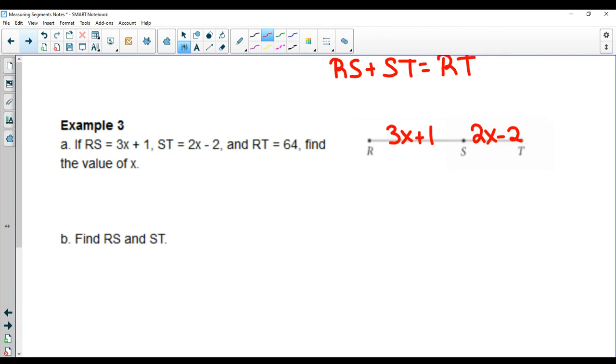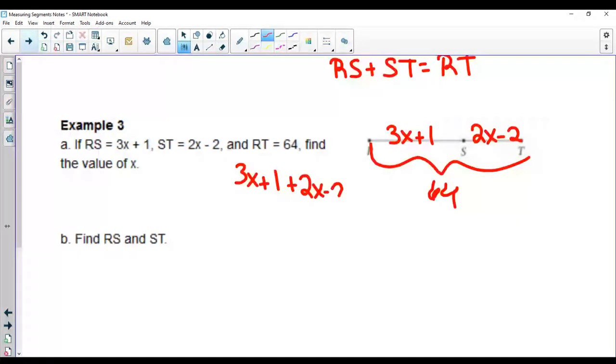So we're just going to plug in what we know. Let me label that the whole thing is 64. So I'm going to make my equation. RS is 3x plus 1. ST is 2x minus 2. And we equal 64. Now we're going to revert back to Algebra 1 and solve an equation. Combine like terms.